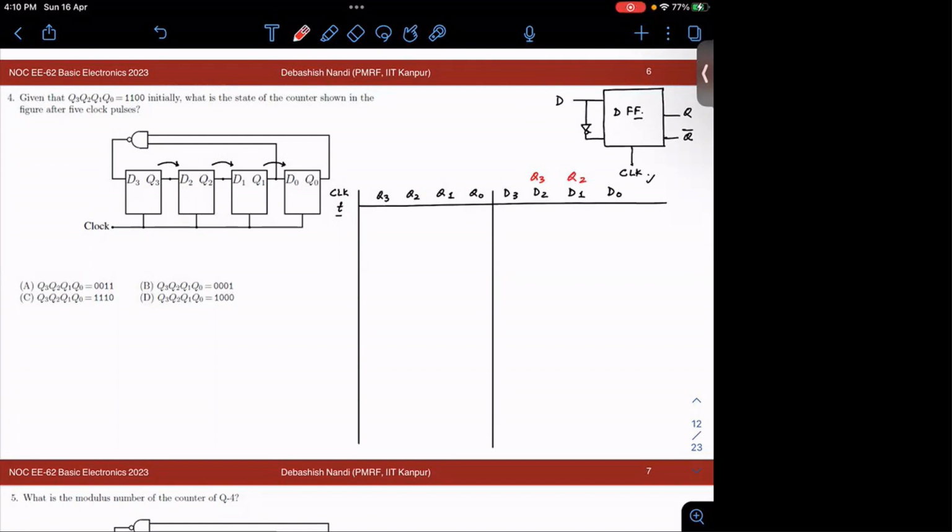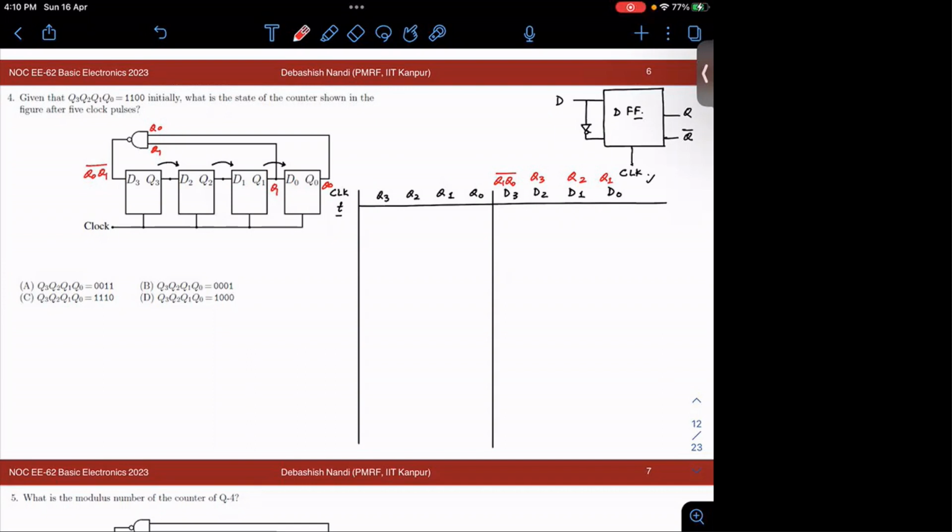D0 is your Q1. And your D3 is Q1, Q0, NAND, right? So this will become Q0, Q1, and NAND, right?